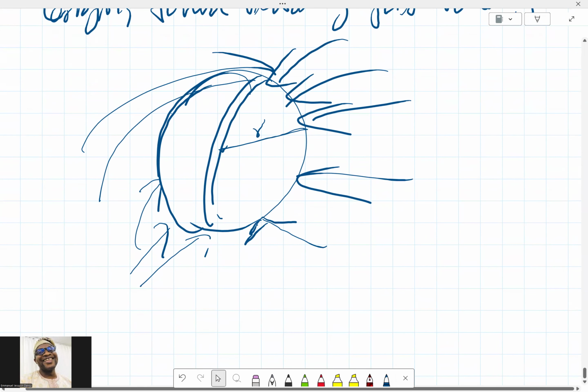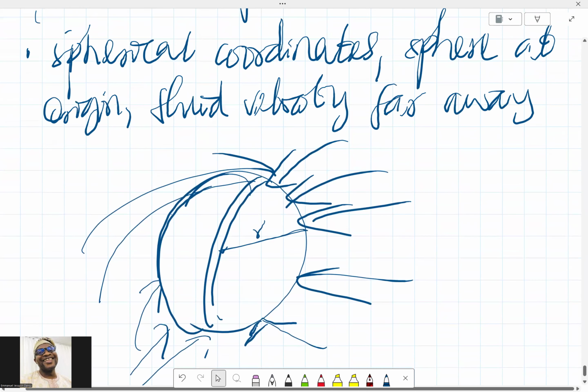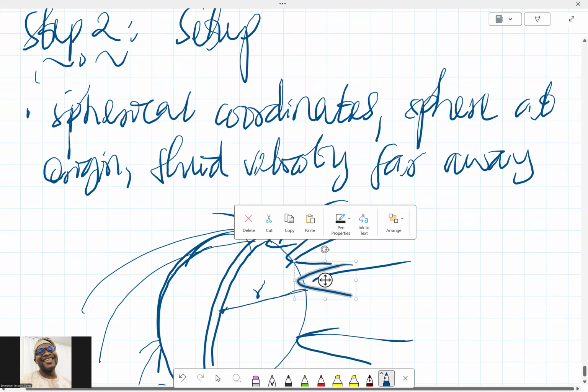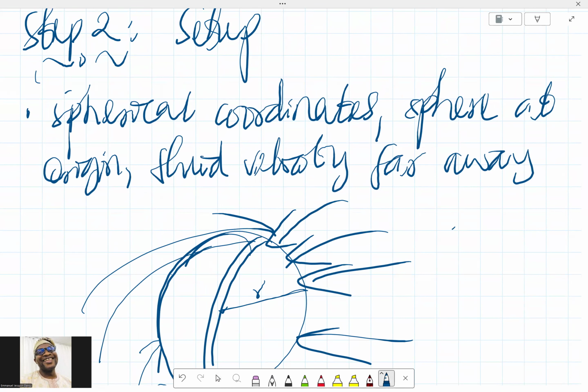So since we're talking about a sphere, spherical coordinates, you have the sphere at the origin. The fluid velocity is far away. In that case, being far away, you have u to be something like constant speed U, then you have zero as r goes to infinity.